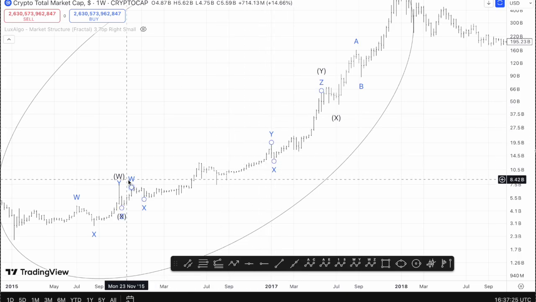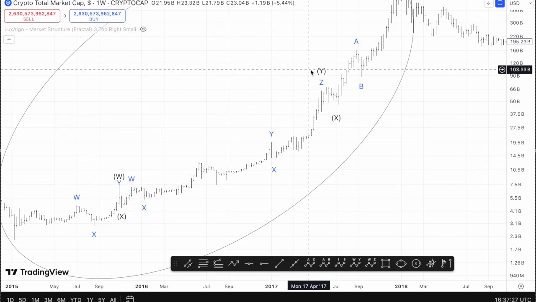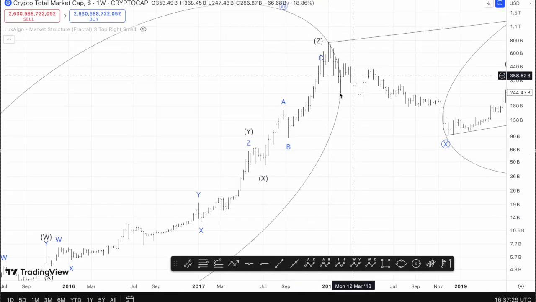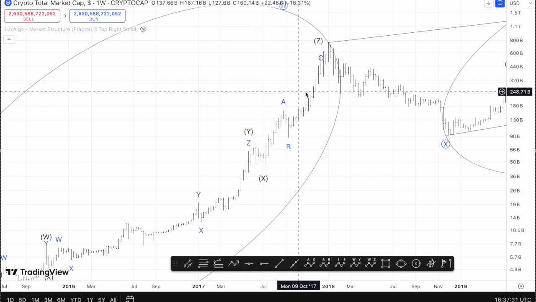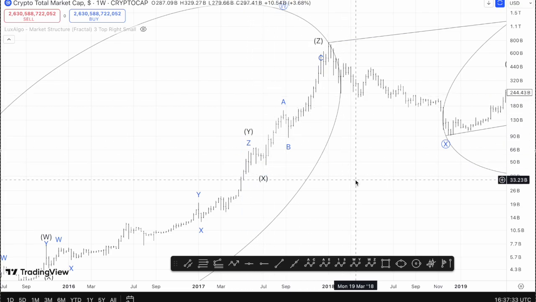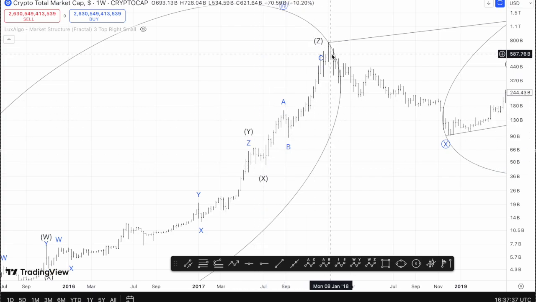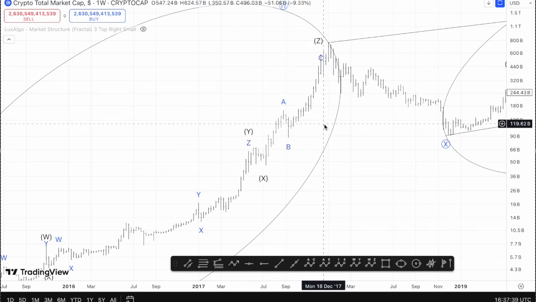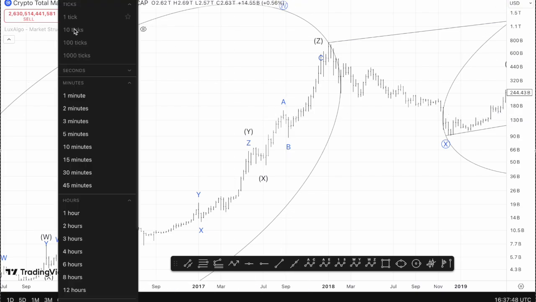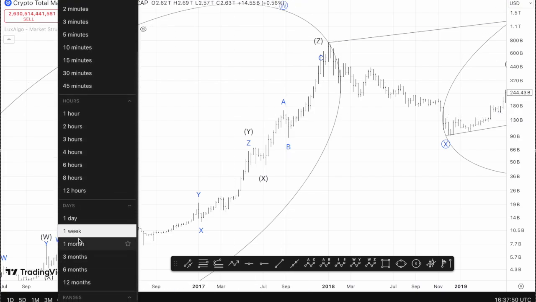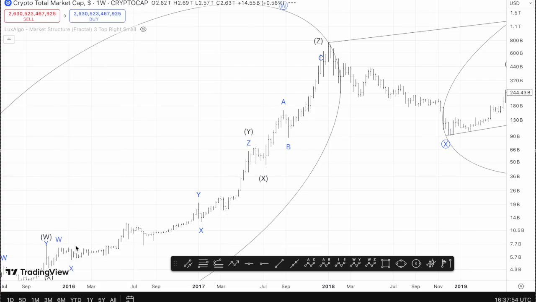So clearly it is a WXYXZ, but the Z part looks like a little bit of an impulsive structure, and that's why we're going to label this as an ABC zigzag, because the subwaves of the ABC zigzag have to be impulsive waves. So this was the story of our first leg, and that's why it is a corrective structure.